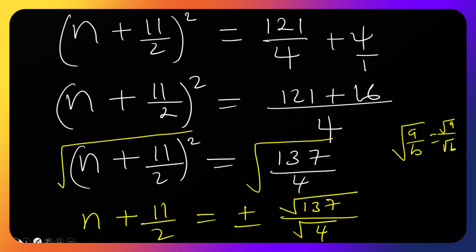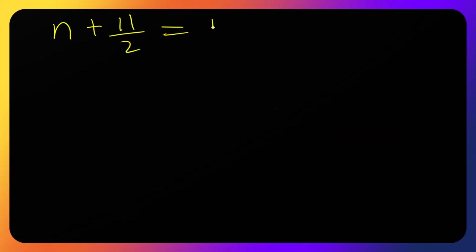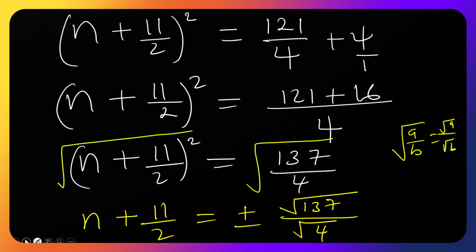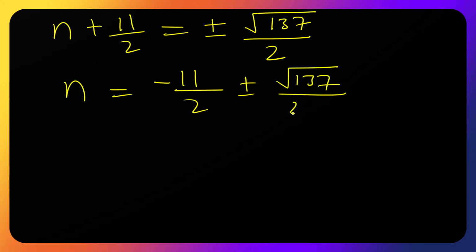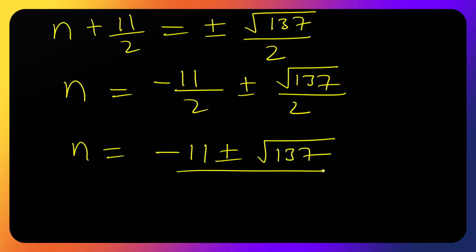So we have n plus 11 on 2 equals plus or minus square root of 137 on 2. Perfect. So my n here is minus 11 on 2 plus or minus square root of 137 on 2, which is same as minus 11 plus or minus square root of 137 on 2. So this is n.